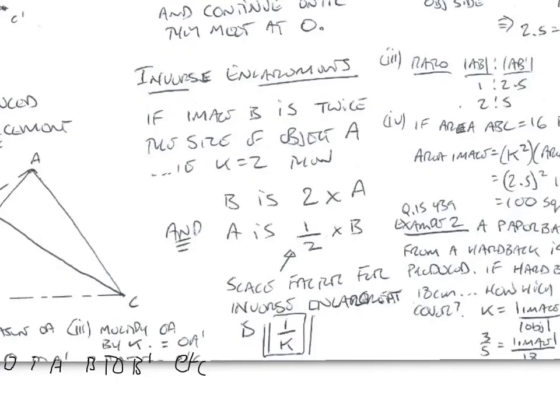And just to also mention for inverse enlargements, if the image B is twice the size of the object A, then K must be equal to 2.